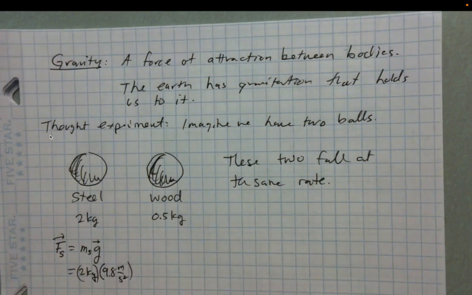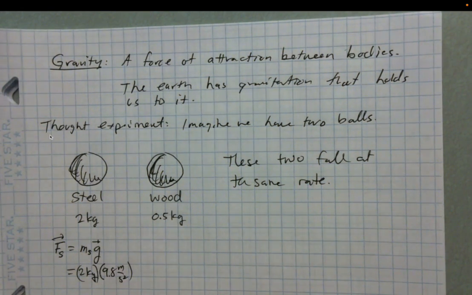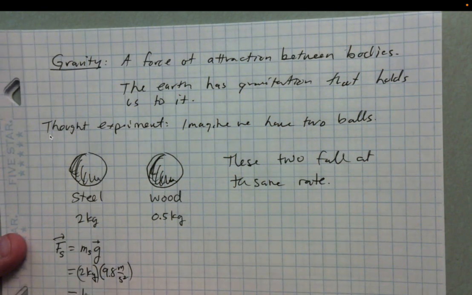Actually, the g here is not a force, it's the acceleration due to gravity near the surface of the Earth. So for a 2 kilogram steel ball, the force exerted on it by the Earth would be about 19.6 newtons when you multiply this together.